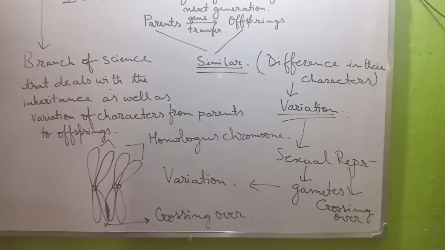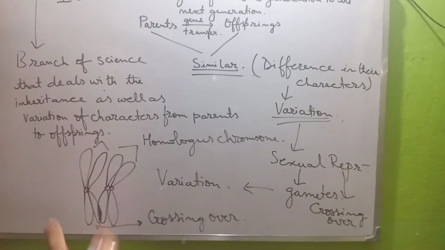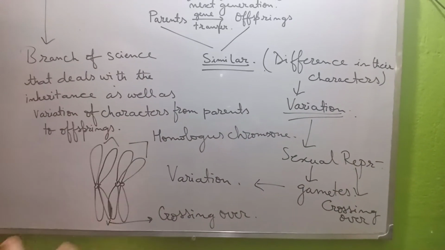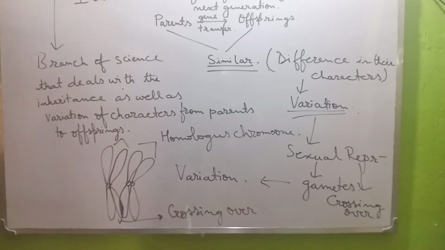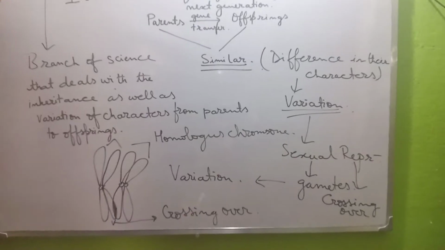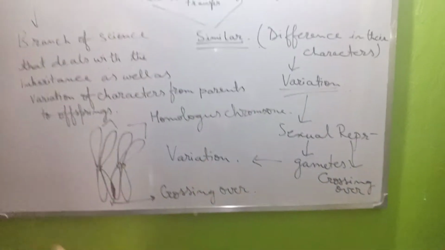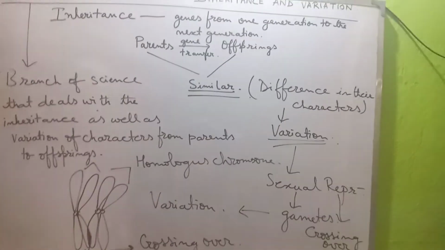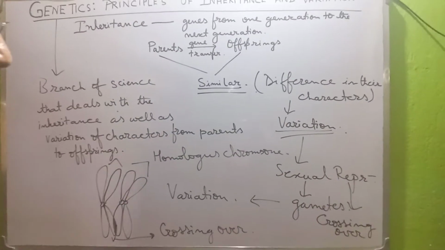This is what we call variation, and due to that you will not find the parents and the offsprings having similar phenotype or genotype. Even if the phenotype is similar, their genotype will never be similar because there will be a slight difference. This is the main fundamental concept of genetics.